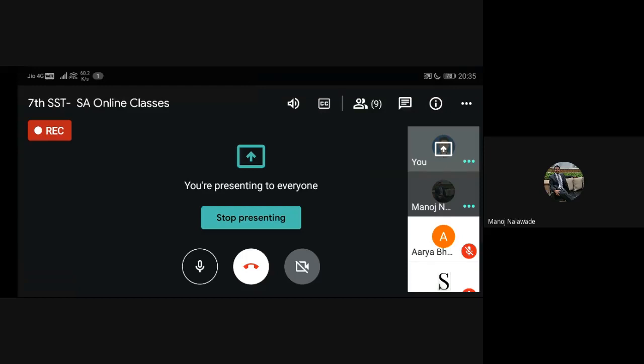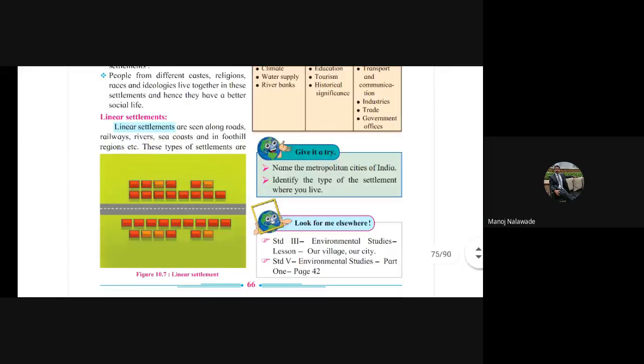That is linear settlement. See here, linear settlements are seen along a road. Linear means, what are the first four letters of linear? Can anybody tell me?